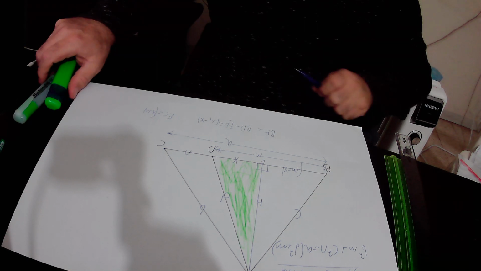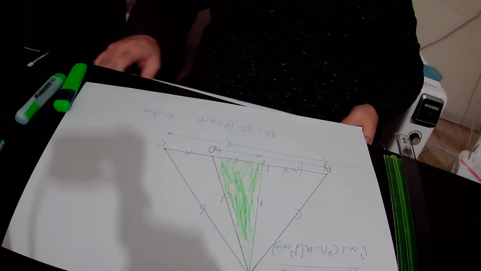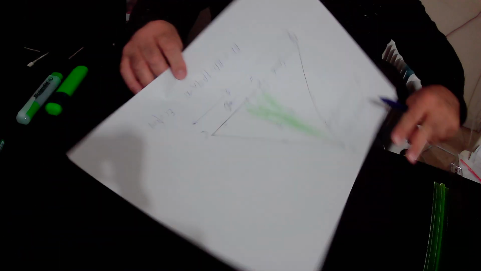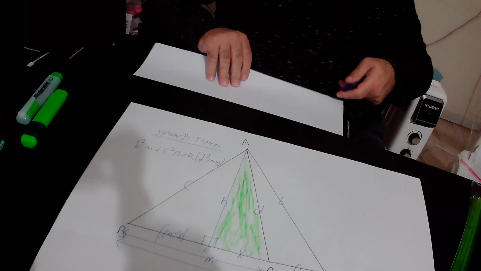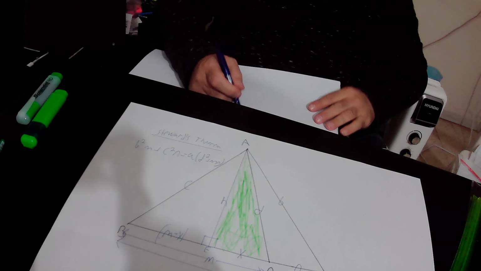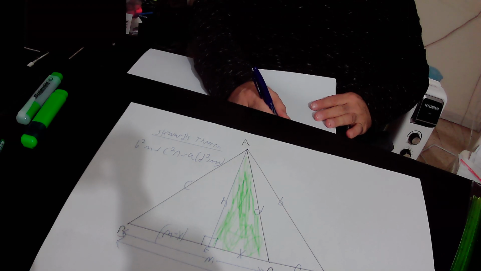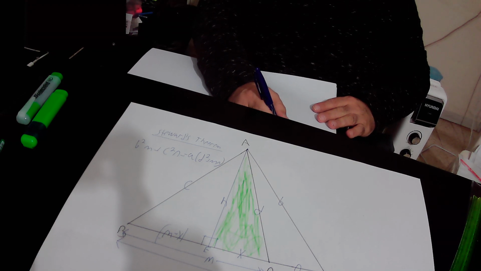According to the Pythagoras theorem, in any right triangle the square of the hypotenuse equals the sum of the squares of the perpendicular sides.